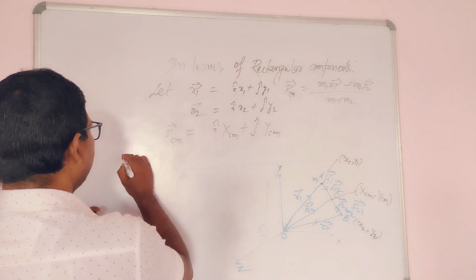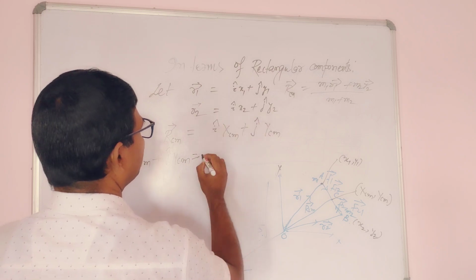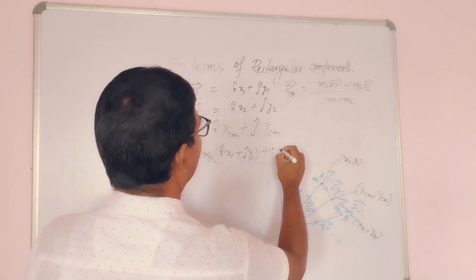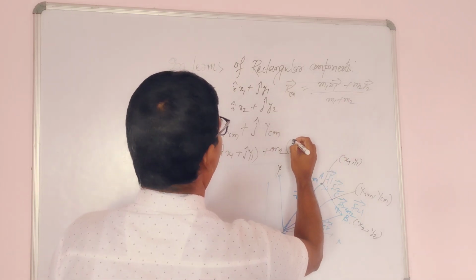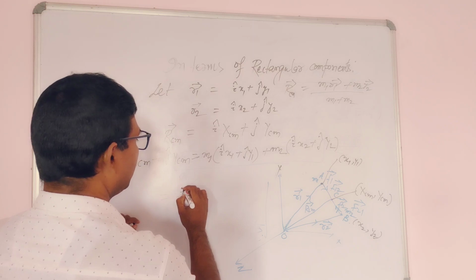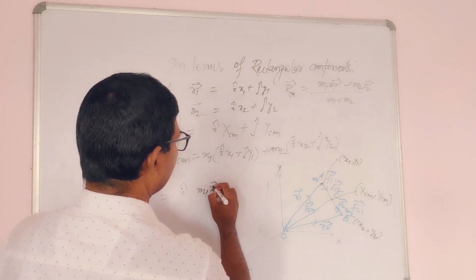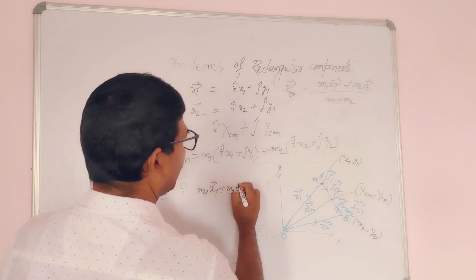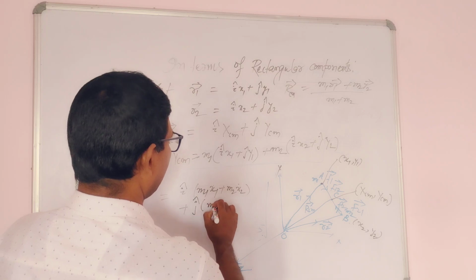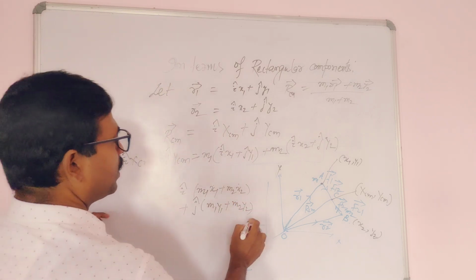So you will write i cap xcm plus j cap ycm is equal to m1 (i cap x1 plus j cap y1) plus m2 (i cap x2 plus j cap y2), divided by m1 plus m2. So you can write i cap (m1 x1 plus m2 x2) plus j cap (m1 y1 plus m2 y2).